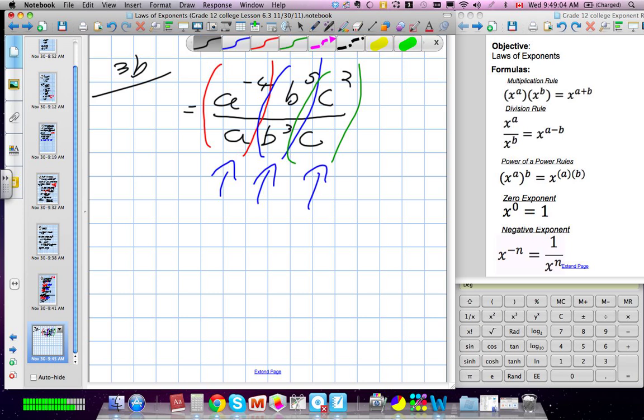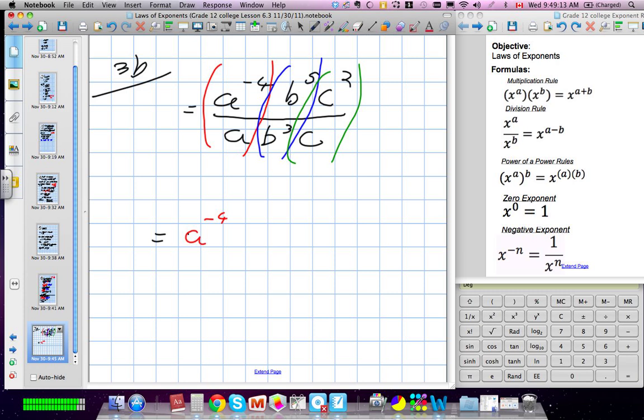But instead I'm going to make this base a negative 4 minus 1. Remember, this a is to the power of 1. B, 5 subtract 3. And C, 2 subtract 1. Again, this is to the power of 1. We'll end up with a to the negative 5 times b to the power of 2 times c to the power of 1.